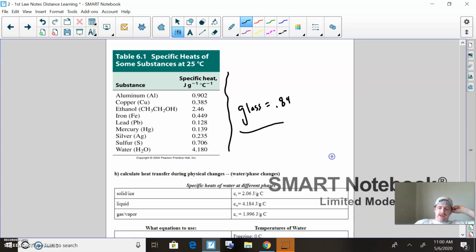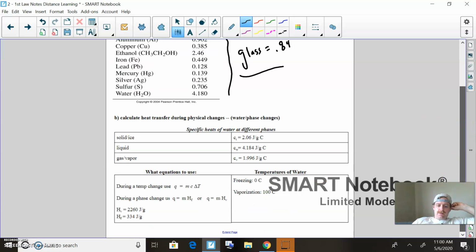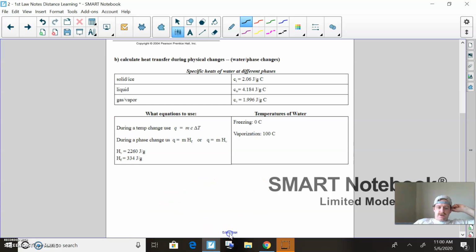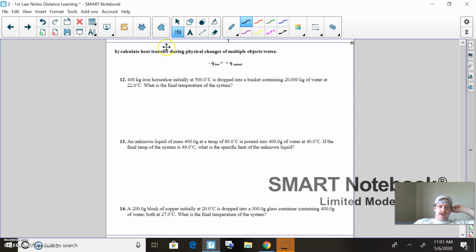And from part B, you have this chart, right? During a phase change, we use MHf, or during vaporization, MHv. On the temperature change, we use MCΔT, all right? And that little graph helps us here. So the best way to describe this is Q lost is Q gained.